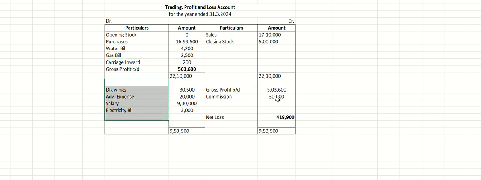All other income like commission is taken in this part. If our expense is more than our income, we call it a loss. If our income is more than our expense, we call it a profit. It will come here, just the same as balancing. We take the total of both sides and find where we have to add an amount so that both totals become equal.